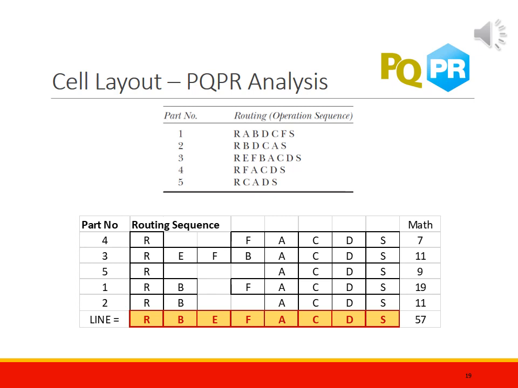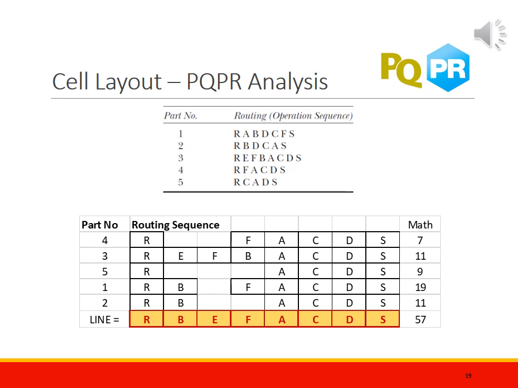I took the information from the volume information, the PQ analysis, looked at the PR, the process routing, pasted those two things together in a tabularized format that enabled me to see things for what they were. Put them in terms of most importance, and then set the line up by inspection. That's how you do it. That's how you run a PQ-PR analysis.